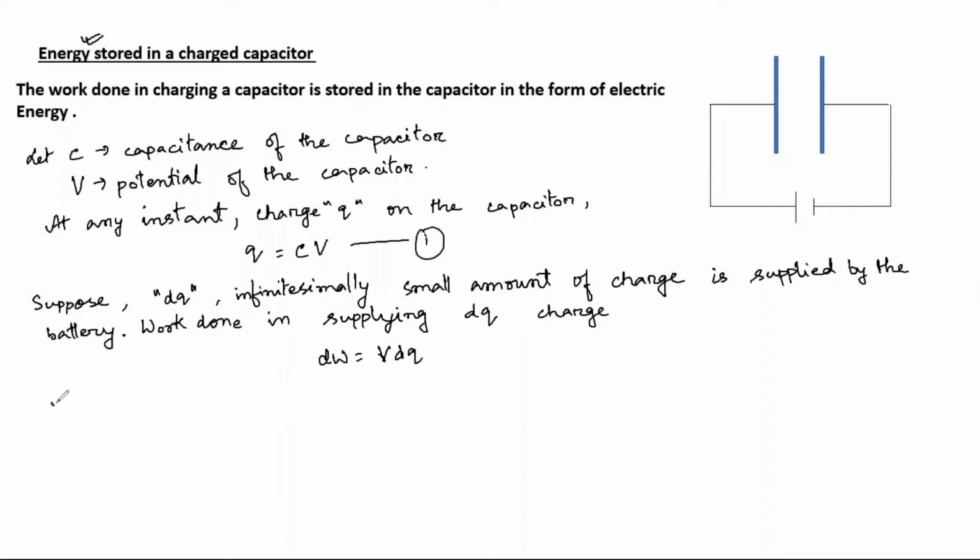Now we are going to find the net work done. Initially dq amount of charge was supplied.